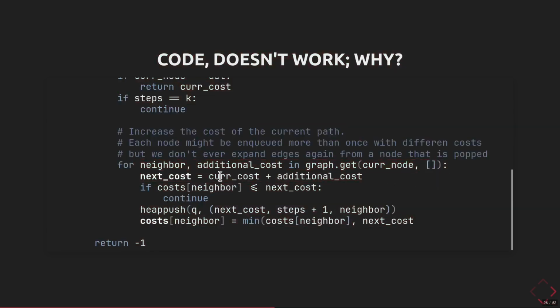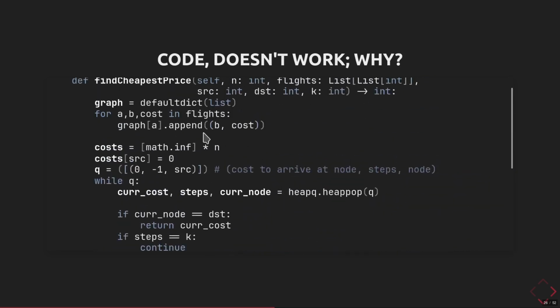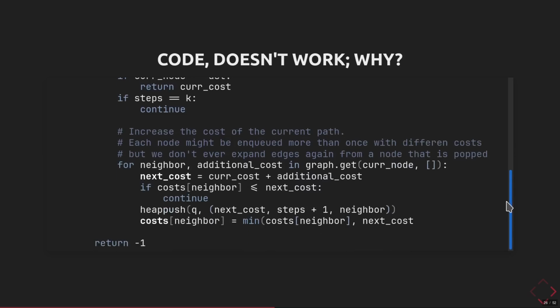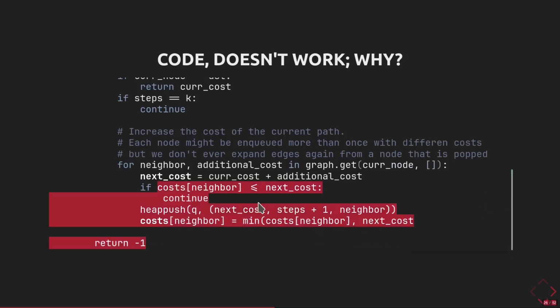Here's where I actually look at the neighbors, and notice I'm doing the same thing that I've done in previous examples. I look at the next cost, and I take the current cost that exists at the current node, and I'm seeing how much it's going to cost to get to the other nodes by adding their additional cost. Remember, this is what it looks like in that tuple when I have the first element as the neighbor and the cost, the edge weight for that edge to get there.